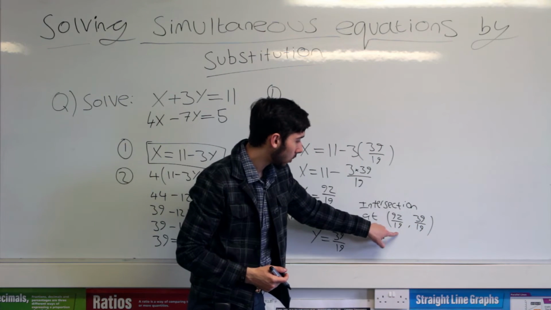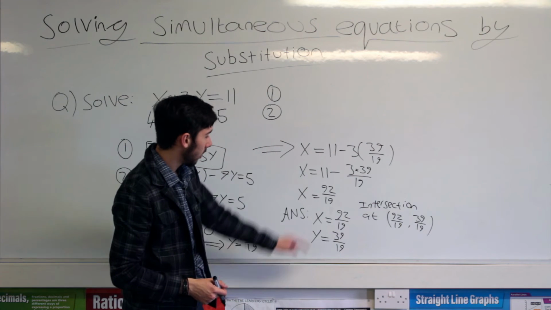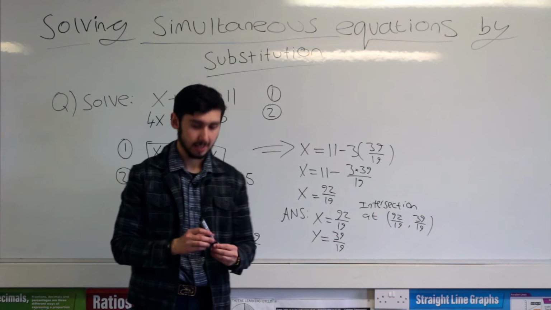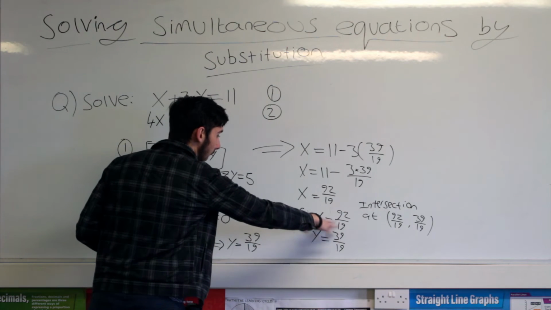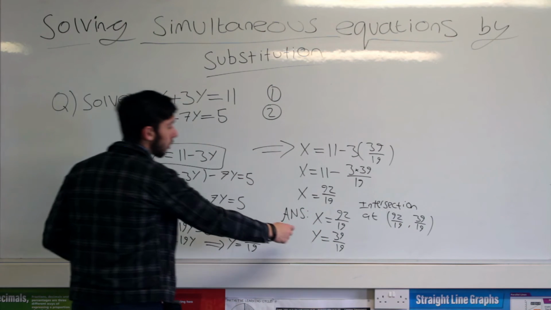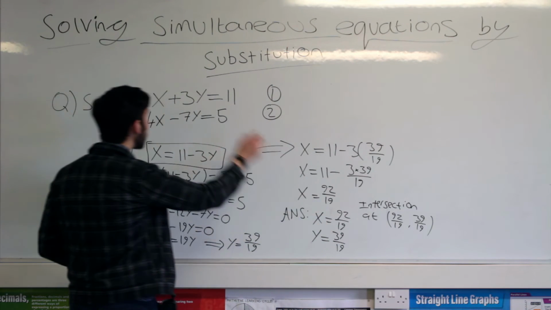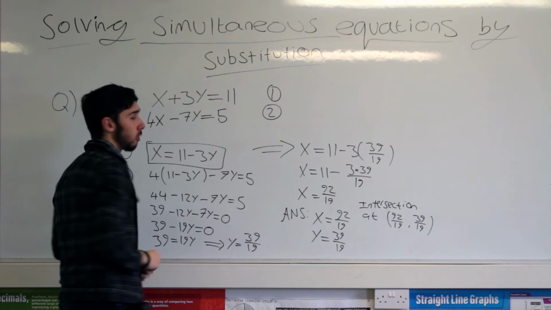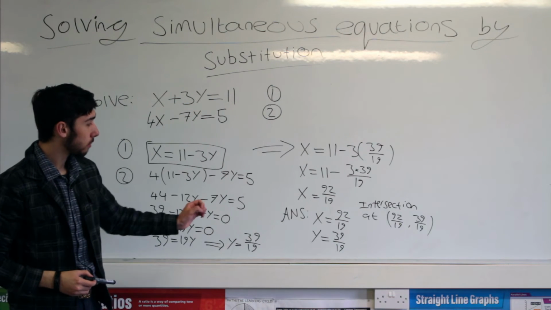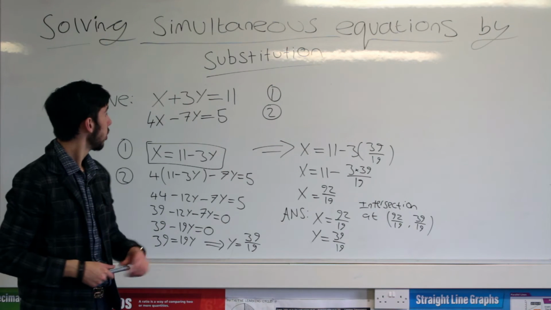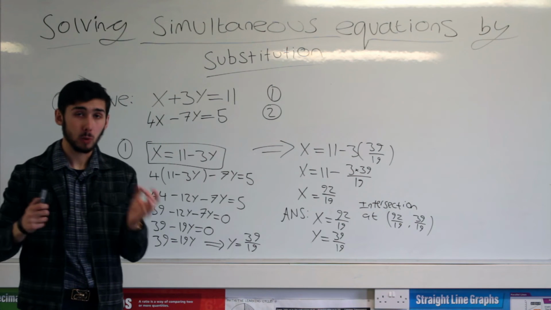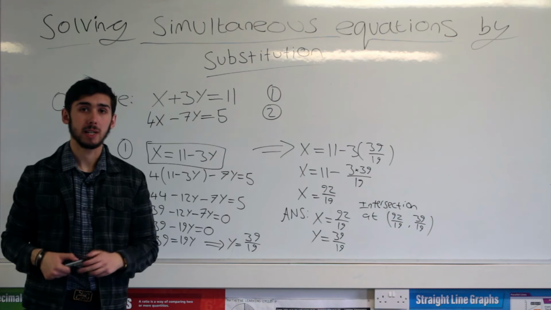Because that is the x coordinate, that is the y coordinate. We just did it. And again, just to be very clear, that means these numbers represent the numbers that you can substitute into whenever you see an x and a y respectively. You can substitute those numbers in, 92 over 19 and 39 over 19, to make both equations true simultaneously.